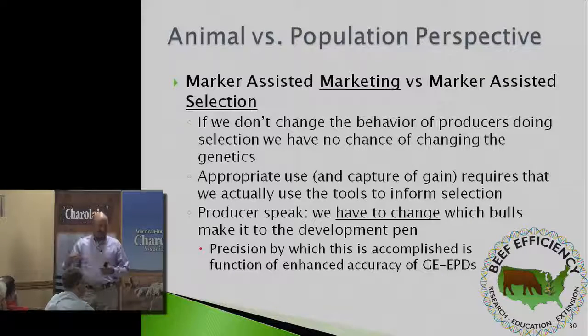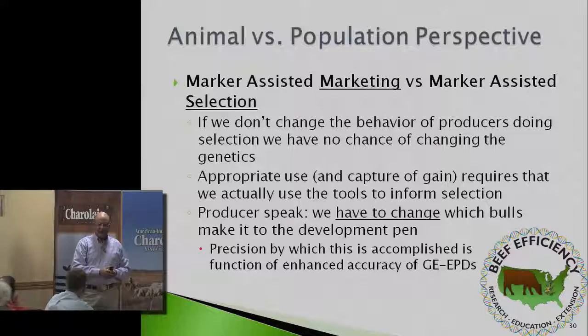Probably almost all of the animals in your calf crop are a contemporary group. You can knock off the obvious outliers in terms of horn, poll or coat color, or the 100-pound birth weights. Any of those ones that you're not going to sell no matter what, throw those out of your genotyping exercise. Genotype everybody else, if you're going to do it. And then use that information to make your selection decision on which bulls go into the development pen. Now you've changed, or potentially changed, the gene frequency that's flowing out of your operation.